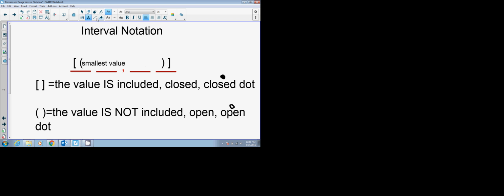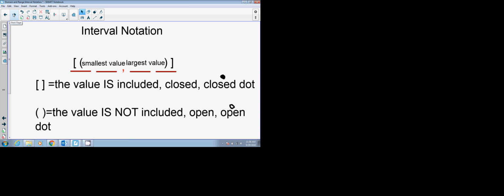And then after the comma, my apologies, we put the largest value. So the largest value is coming right before the second bracket or parenthesis. And notice in between the smallest value and the largest value is a comma.